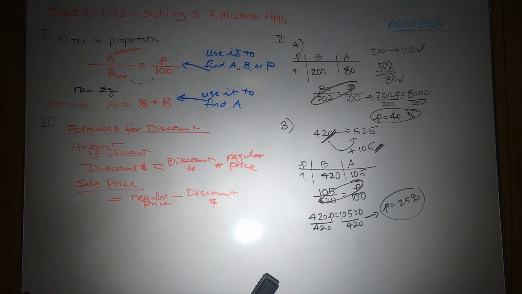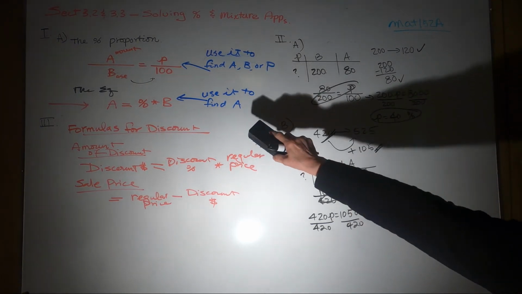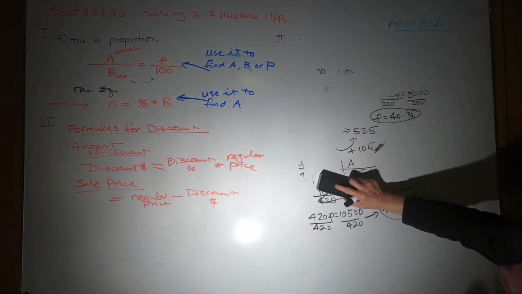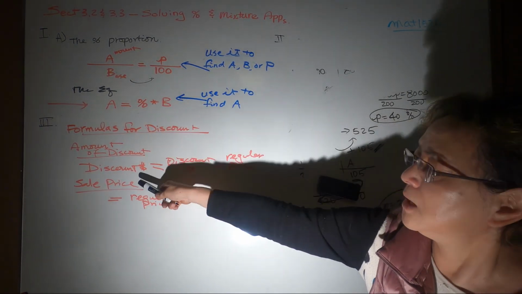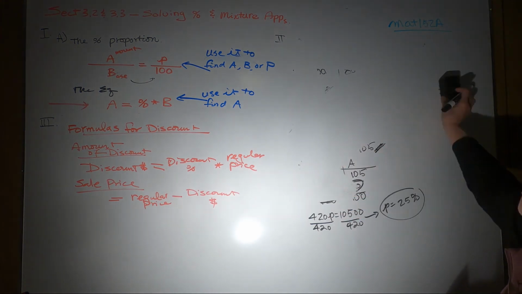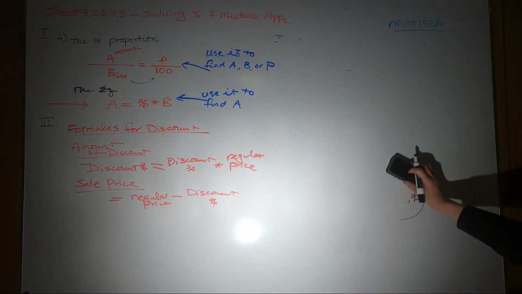So let's take a look at how we use the second formula, because discount is a portion of a whole. You times the whole, and that would be your portion amount.